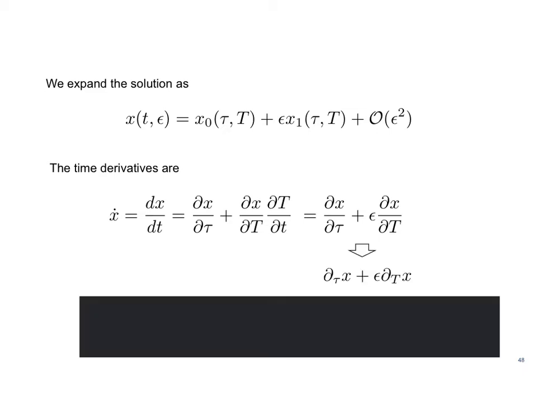And now that we do the decomposition, remember the perturbation theory, x is equal to x naught plus epsilon x1.